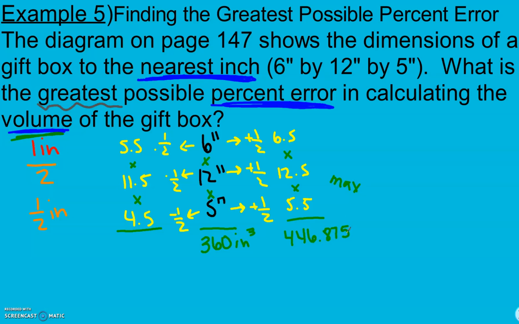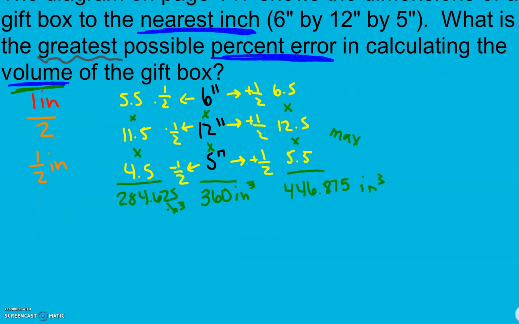And on my minimum, when I multiply the 5.5 times the 11.5 times the 4.5, I get 284.625 cubic inches. So those are my volumes, my minimum volume, my actual volume that was measured, and my maximum volume. We're going to treat that measured volume like the actual since that's what we're comparing it to.